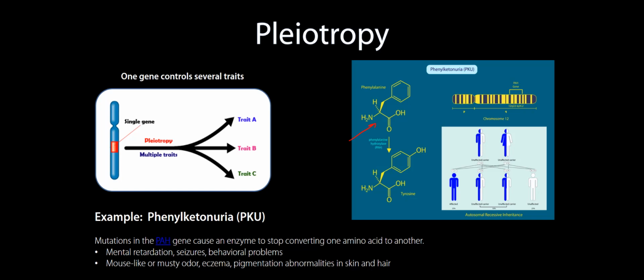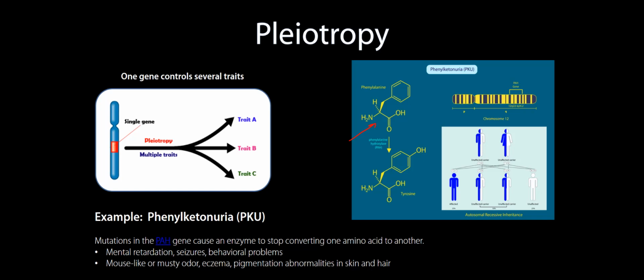this ends up building up in their blood and going places it's not supposed to, leading to all sorts of problems. The good news is when somebody is born and screened for PKU and found to have the mutation for it, if they're raised on a relatively strict diet that does not contain too much phenylalanine, then they will have a relatively normal life.